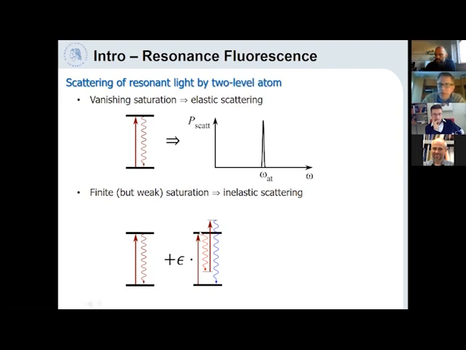And in this case, what happens is a 4-photon process, which is somewhat similar to 4-wave mixing in a sense. So you actually absorb 1 photon, then you emit a red detuned photon, and before the atom has time to notice that it violated energy conservation, it absorbs a second of these 2 incoming photons and emits a blue detuned photon.